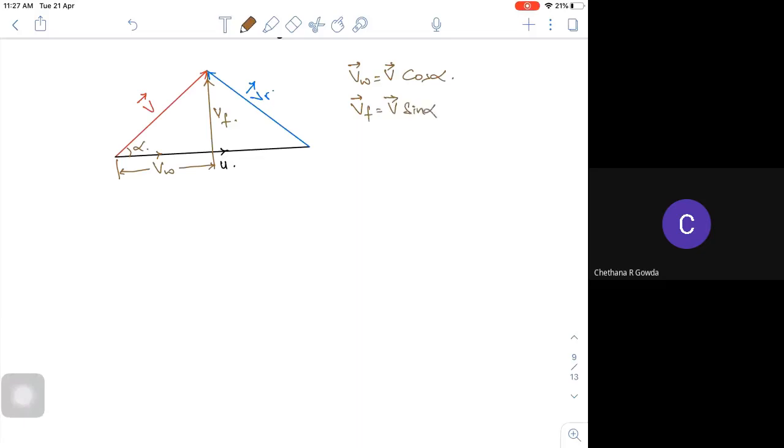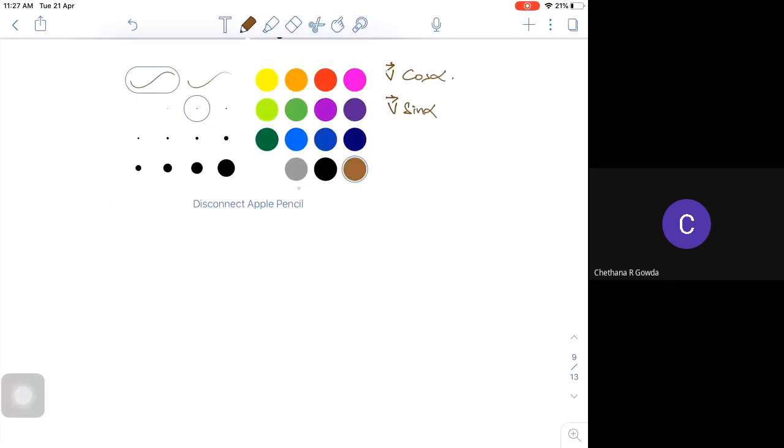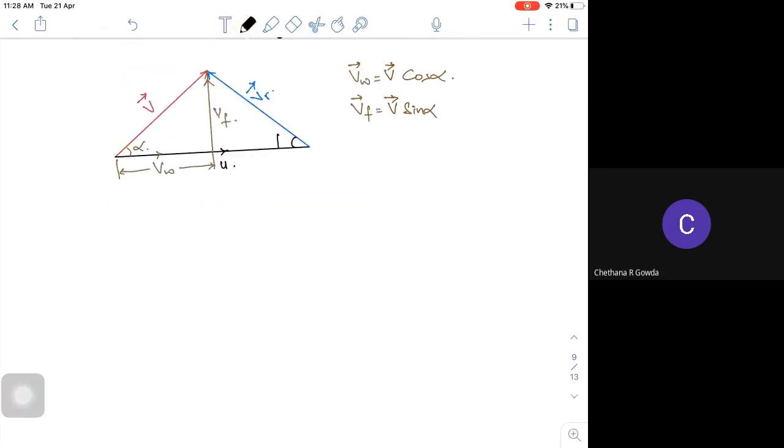Now, already I told that your relative velocity is always attached to your blade, so it will be making an angle of beta with respect to your blade. So that's why it is called blade velocity.